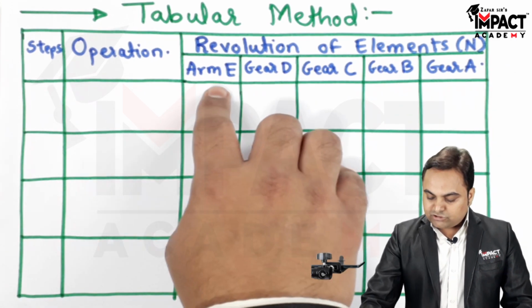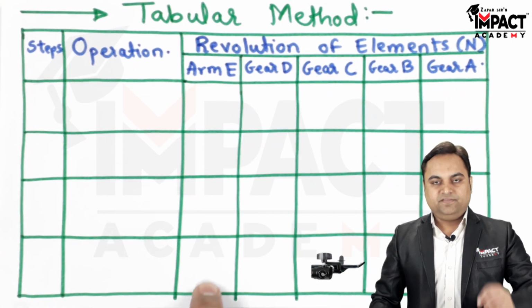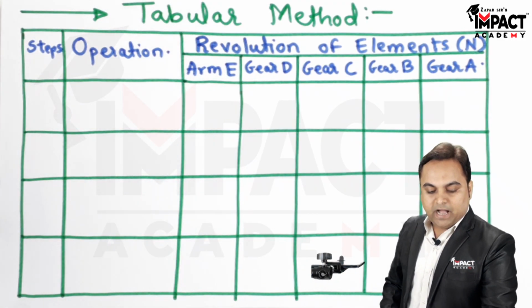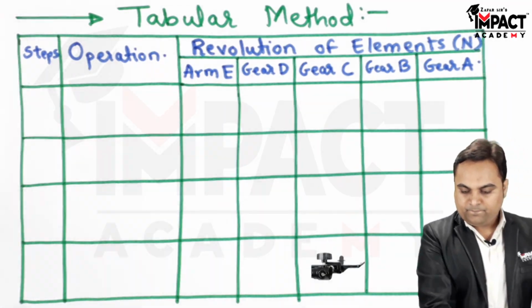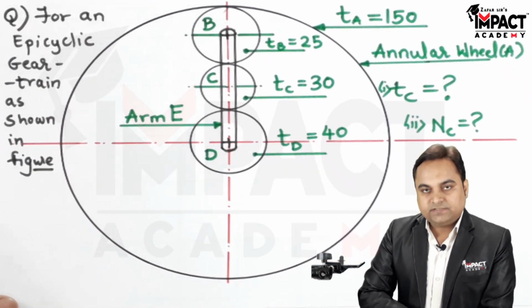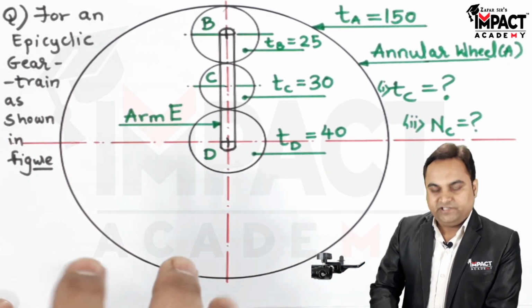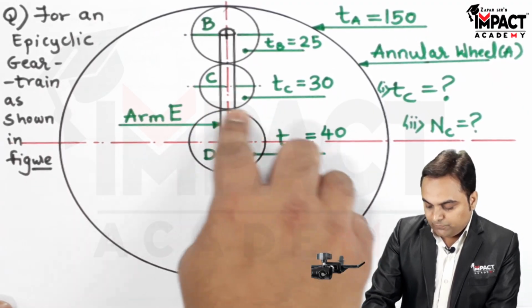So starting the first column in the revolution with arm E, because at first the assumption would be that arm E would be fixed. This arm E has to be fixed. Next, here is how the motion I am starting is: keeping E fixed, first D would be rotated.